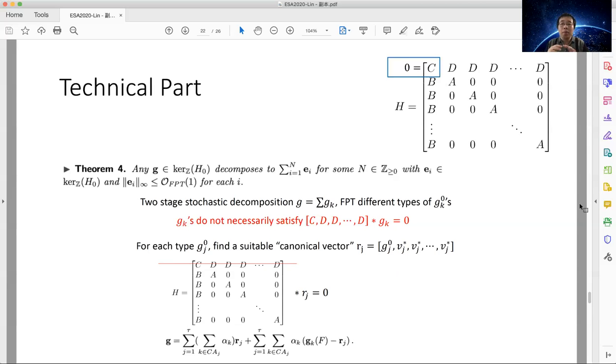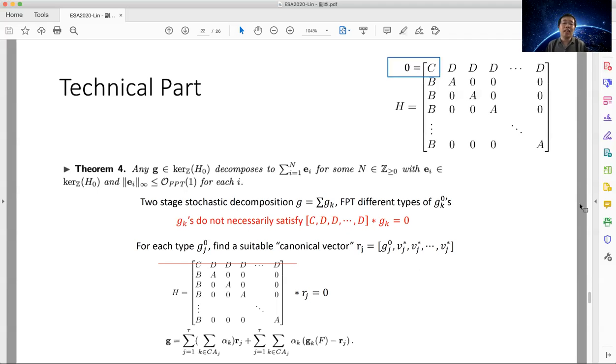And basically, we will define a canonical vector. This requires some careful selection, but let me be simple and say we pick some R of J, where R of J has one distinct GJ0. So it has the first block, and then for the remaining part we pick some special remaining part to make it a canonical vector.